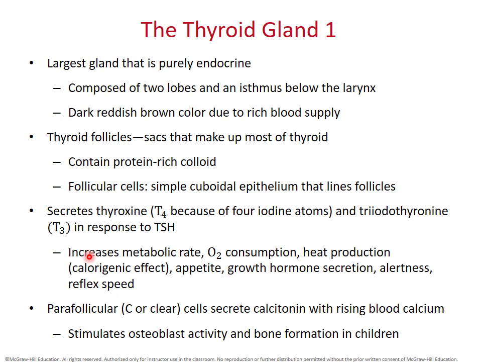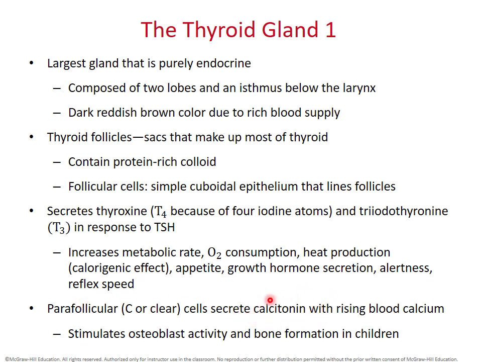Now, thyroid hormone is not the only hormone that the thyroid gland makes. There is a second hormone made by a separate set of cells in the thyroid gland called the parafollicular cells. These are cells that are not lining the follicles, but instead between the follicles, and they secrete the hormone calcitonin.